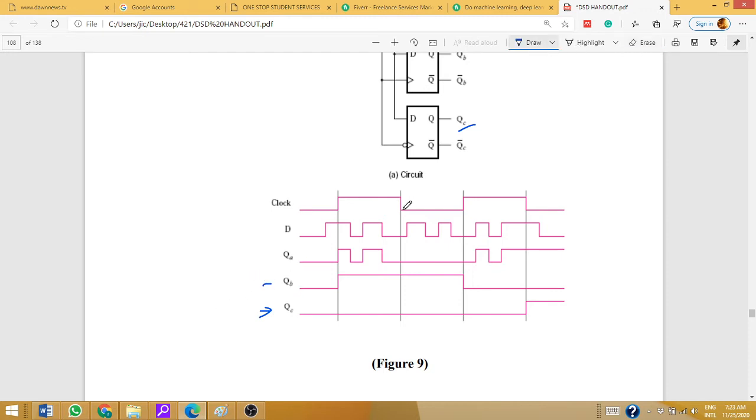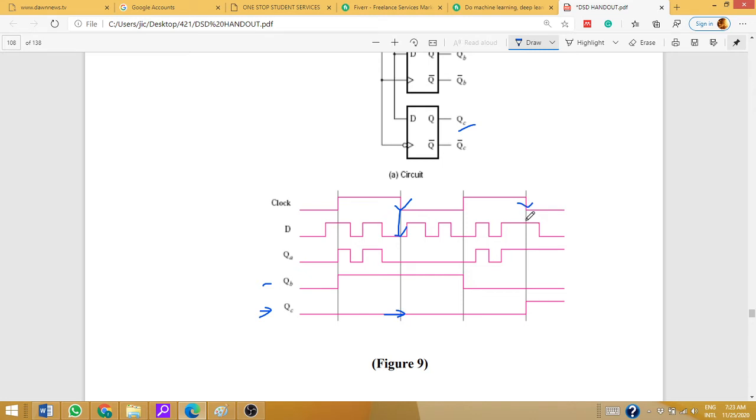Okay, now we are looking at the negative edge. What transition is coming during this negative edge? During this negative edge, the value of D is low, so it is low as well.